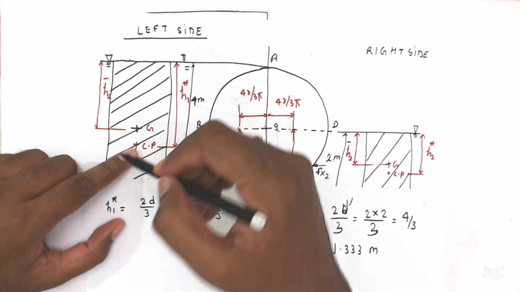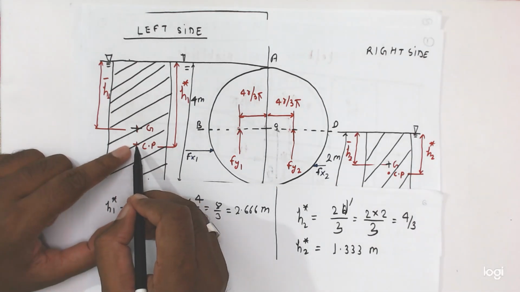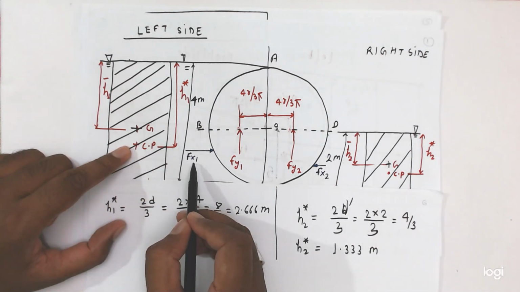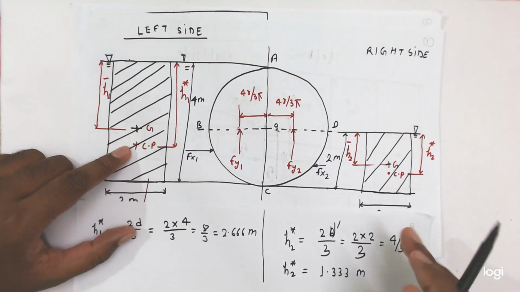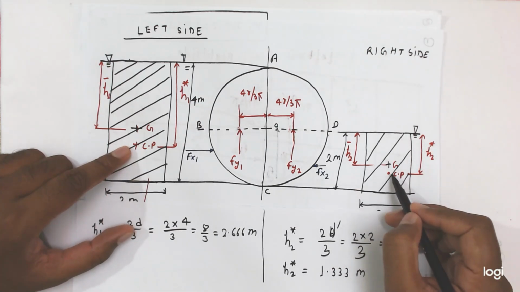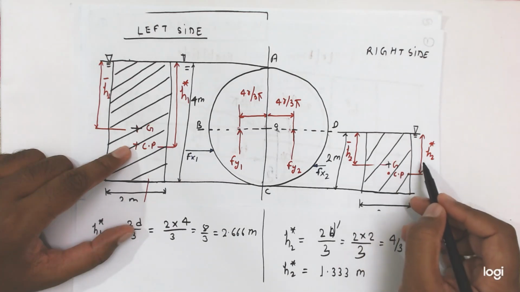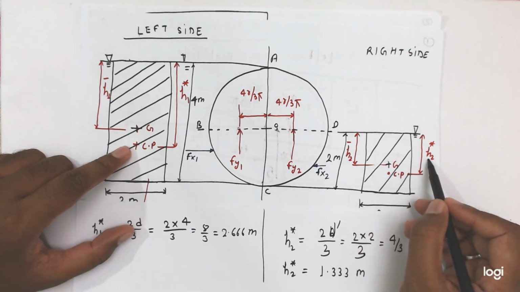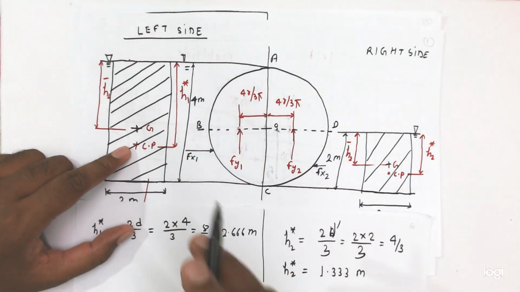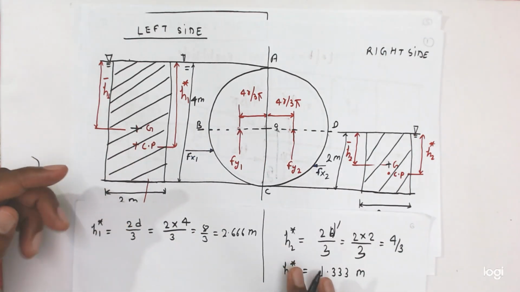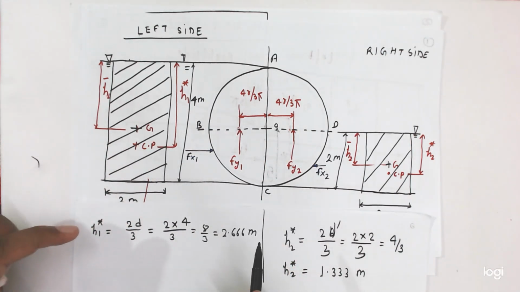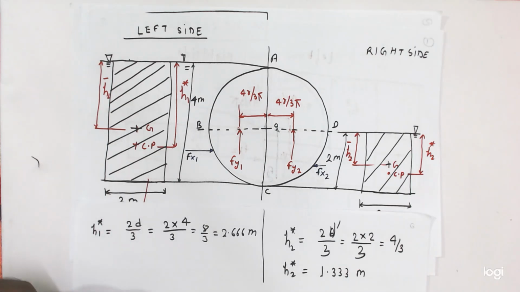So at this point the horizontal component of force Fx1 is working on the left side, and at this point Cp, the horizontal component of force Fx2 is working. We know the values of H2 star and H1 star. Now the net force is already calculated, so the location of the net force we have to find.